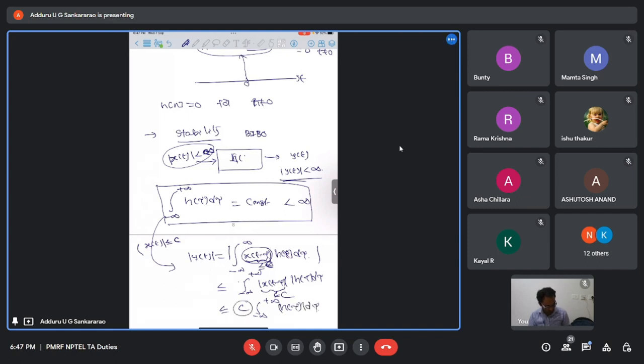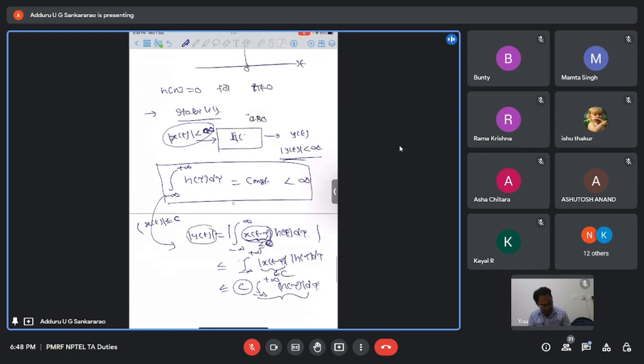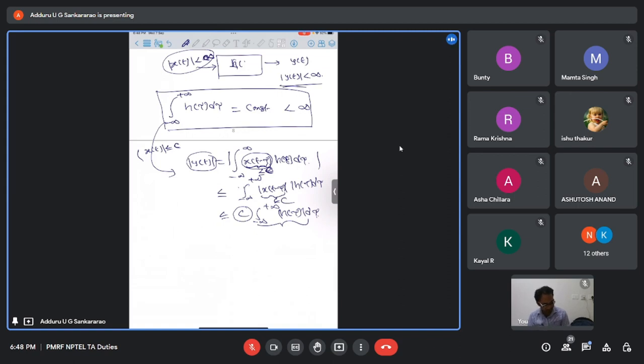This is constant, so mod y also should be a finite quantity. Now for that to be a finite quantity, this second term should be a finite quantity.